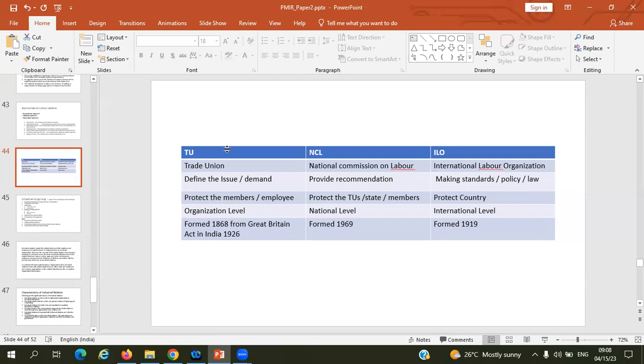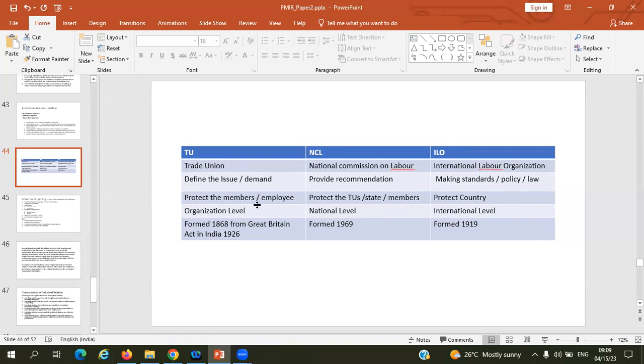They figure out the issues, they define the issues. So I have given some differentiation to make you understand. First thing is the full form of all these things. Define the issue and demand what the workers want. Then they provide recommendation, NCL. Then ILO is making law and standard out of it.